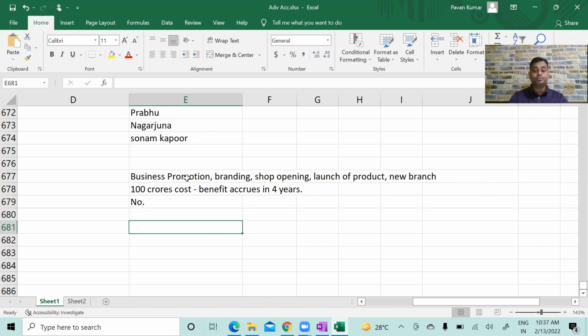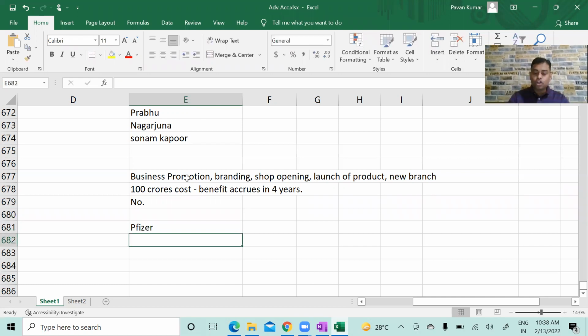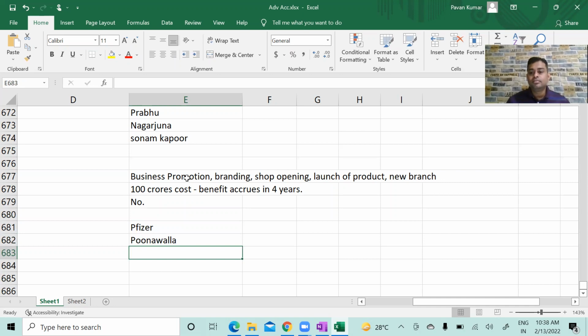Okay. So Pfizer, you know, Pfizer company. What are they doing? I don't know, sir. Do you know Poonawala? Heard. No, you have not heard. I heard.